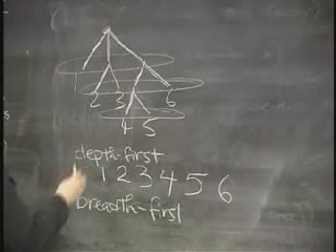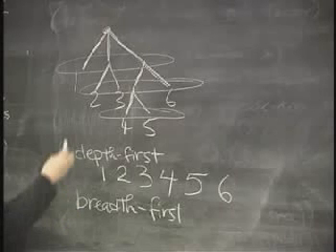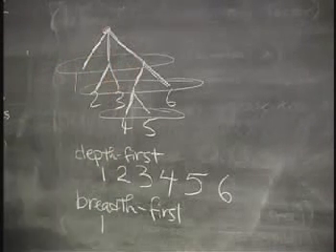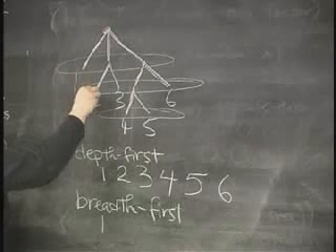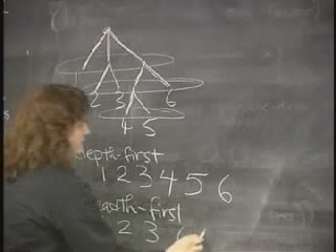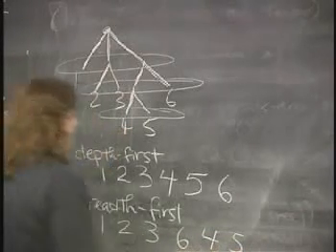So in this case, if we did a breadth first visitation of the leaves, we would get a 1. These are not leaves. Then we have 2, 3, 6, followed by 4, 5.